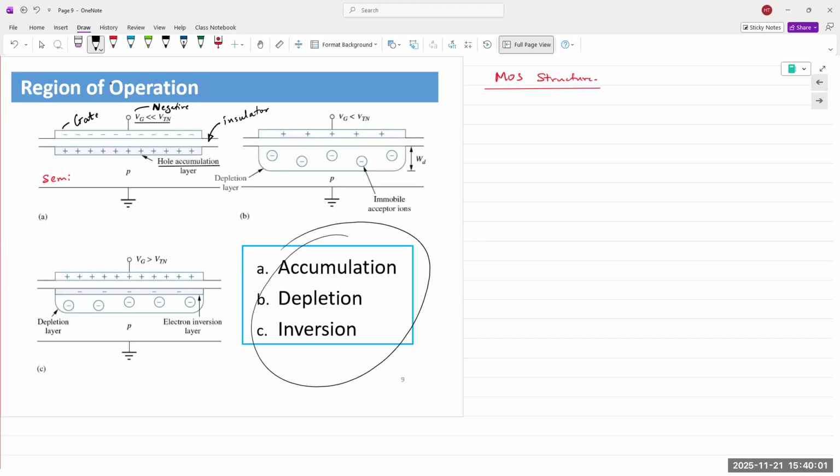Now, if the voltage stays as it is, this is the off state or the standby state. Nothing else is happening. But now, let's say you slowly start to increase or make the gate voltage positive.